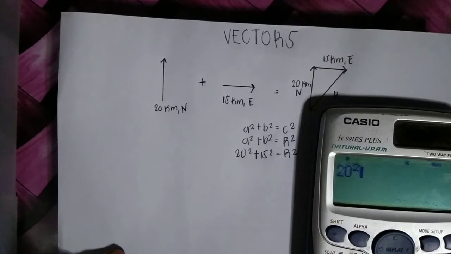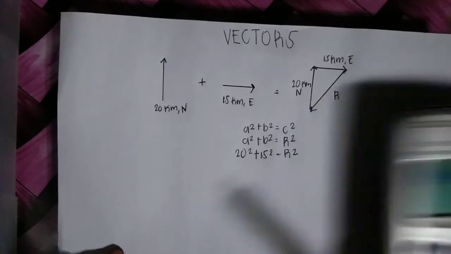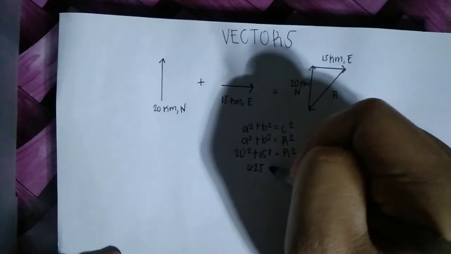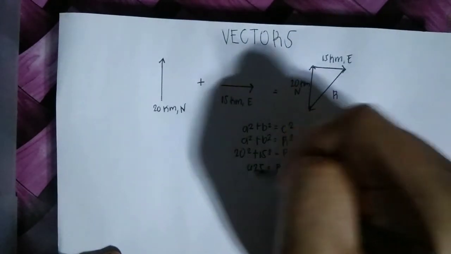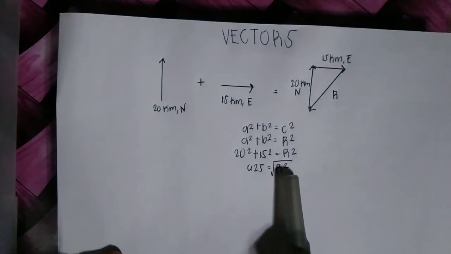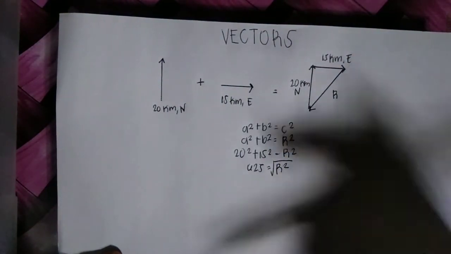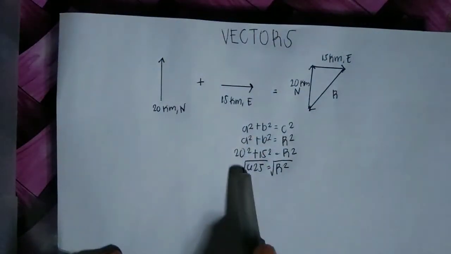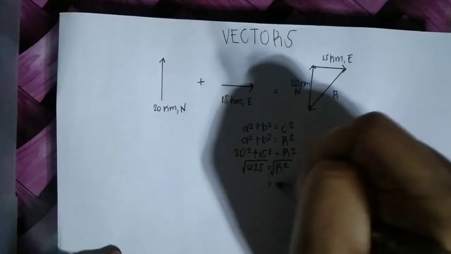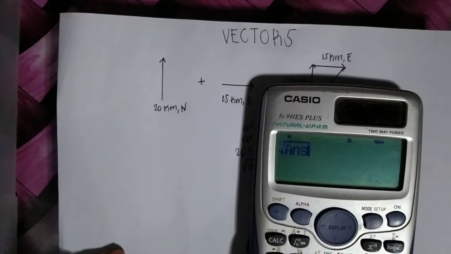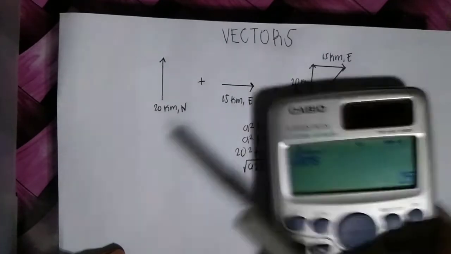Then we will solve. 20 squared plus 15 squared is equal to 625 kilometers squared, which is r squared. Then we will take the square root of both sides to remove the square in the r, and we will get r is equal to 25.